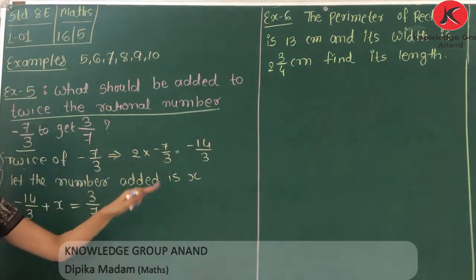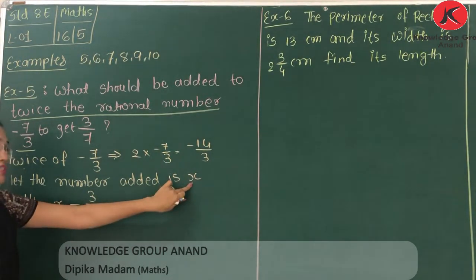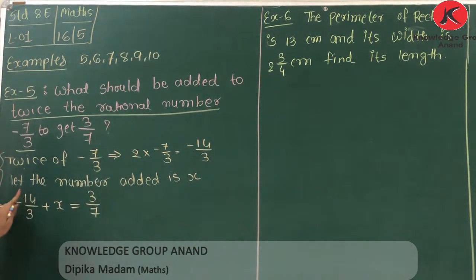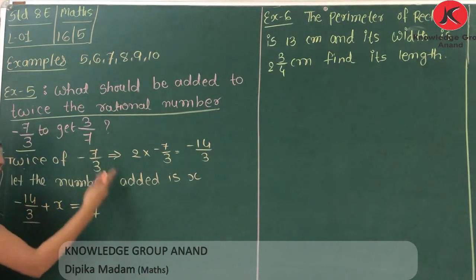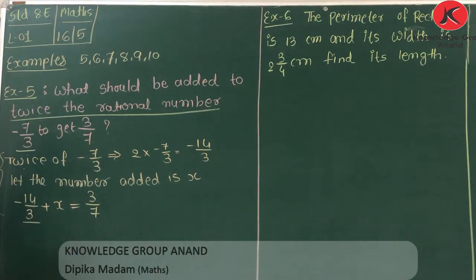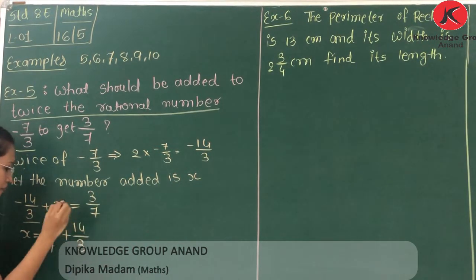Now we add something to that, that is x, because what number is added is not given. So -14/3 plus x is equal to 3/7. Now -14/3 on the right side becomes +14/3. So x is equal to 3/7 plus 14/3.